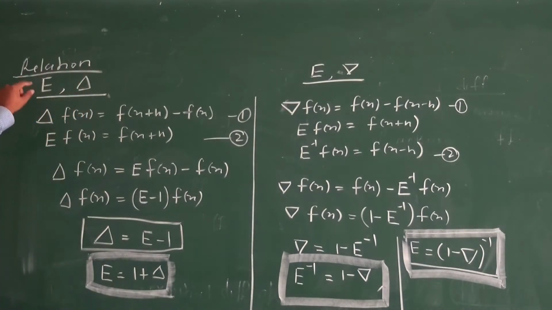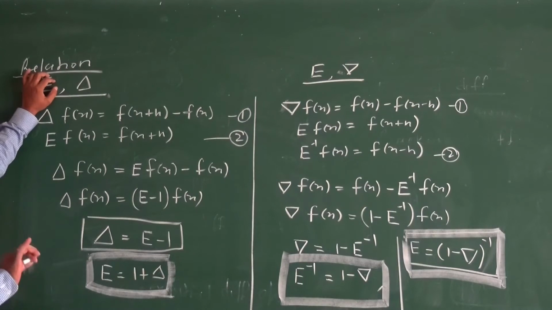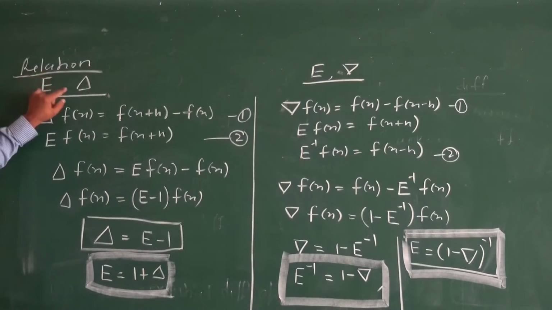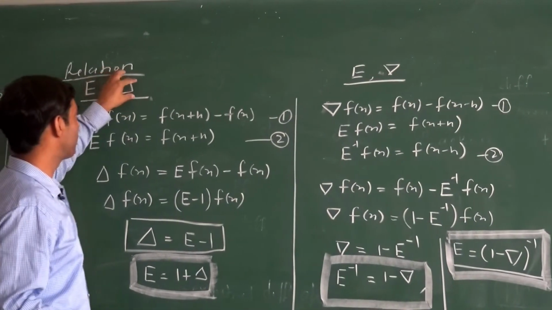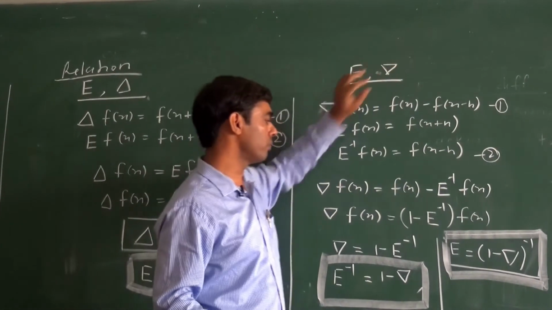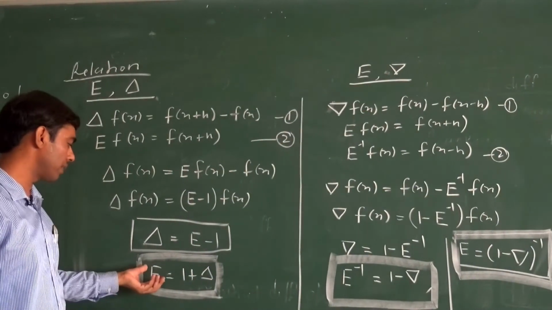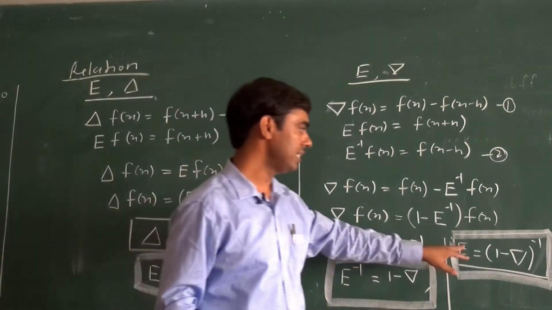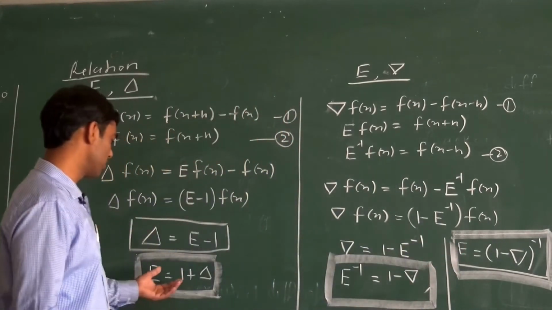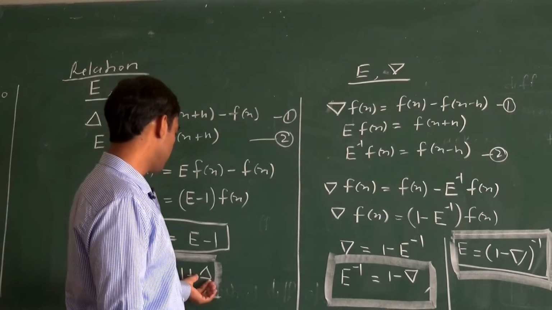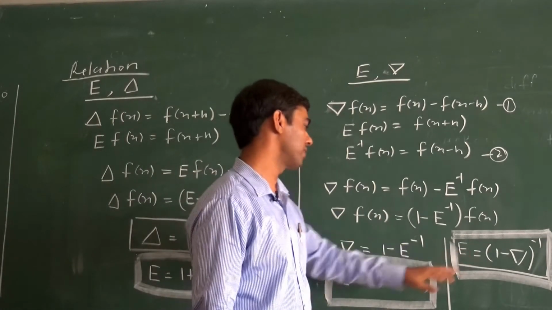To find out the relation between E and all other operators. If we try to find the relation between the forward difference operator and the backward difference operator, just put the value of E here, and then we are able to find the relation.